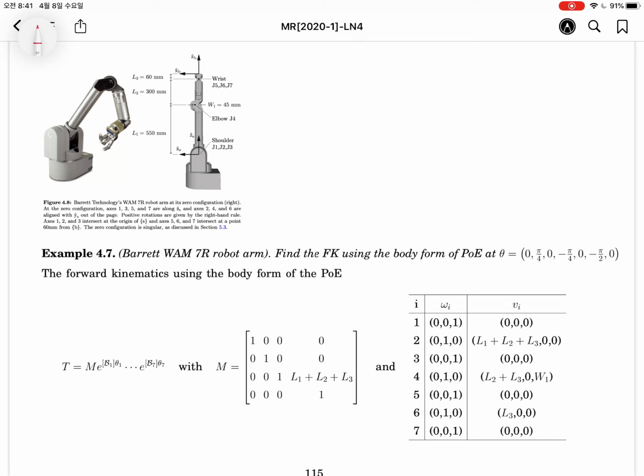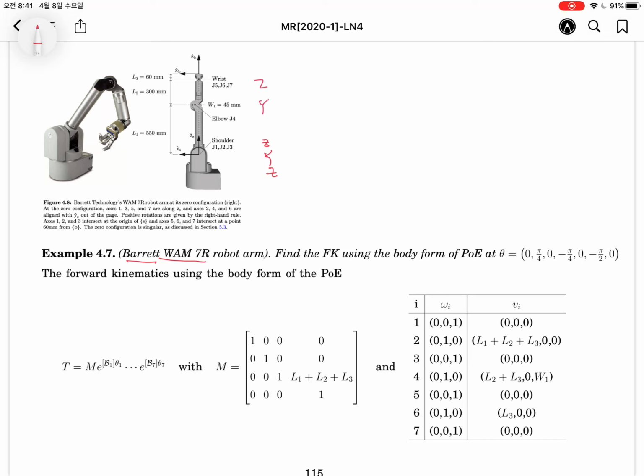Okay, this is almost the end of this chapter. The WAM is made by Barrett Technology. It has 7 degrees of freedom. Joint 1 is aligned to z, joint 2 to the y-axis, and joint 3 to the z-axis.